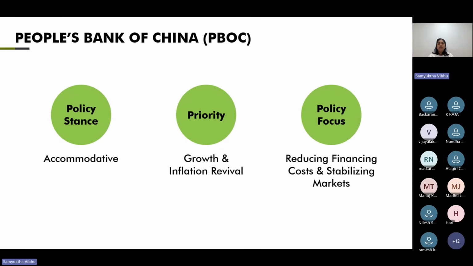Lastly, because China has gone through a crisis in its banking and non-banking financial institutions, the focus has also been on reducing their financing costs, which is directly linked to how the policy rate functions, and also stabilizing markets and bringing investor confidence back into Chinese markets.